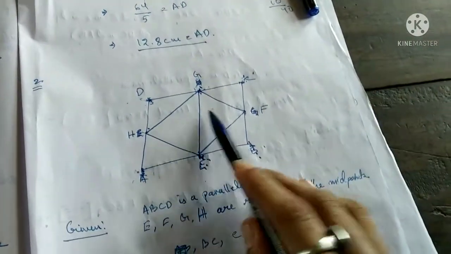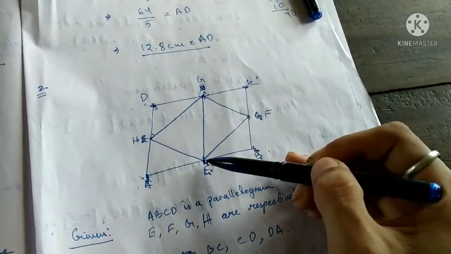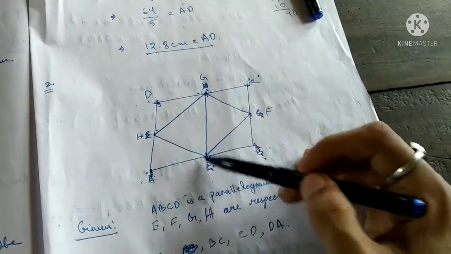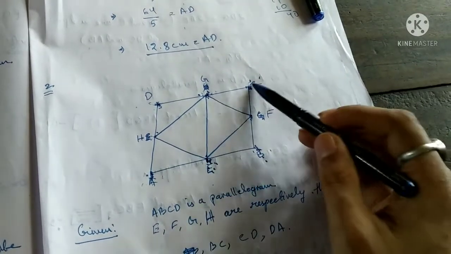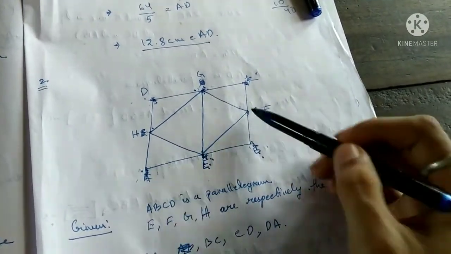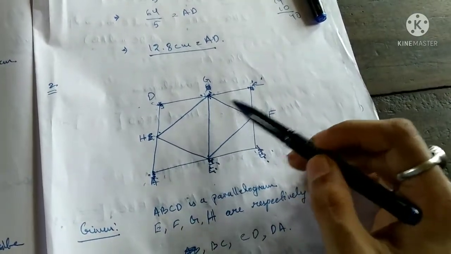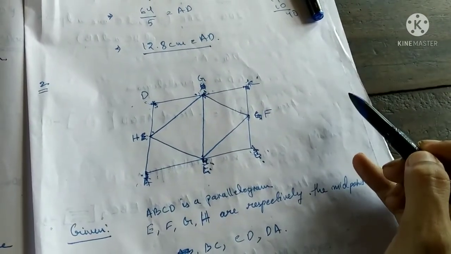And similarly, I will come to this portion now. Similarly, I can say that area of triangle EFG is equal to half area of this parallelogram EBCG, because again, if a triangle and a parallelogram are on the same base and between the same parallels, then the area of the triangle is equal to half the area of the parallelogram. That will be our equation 2.